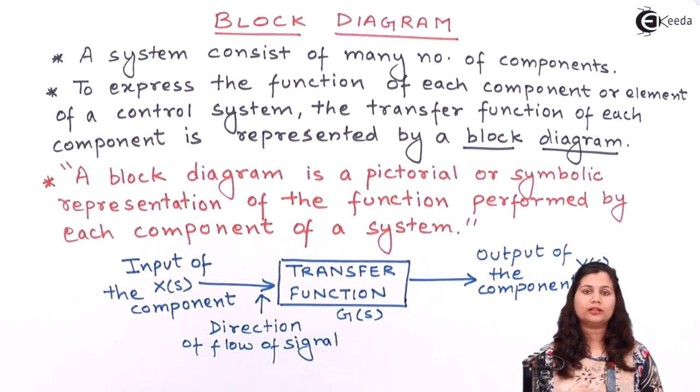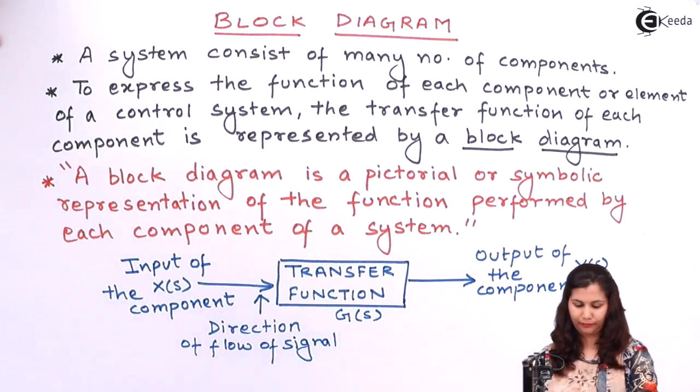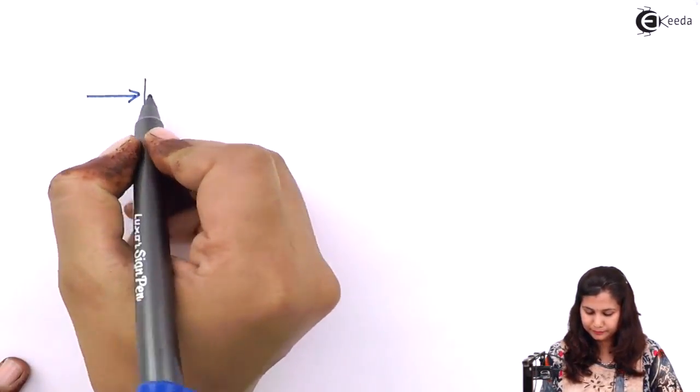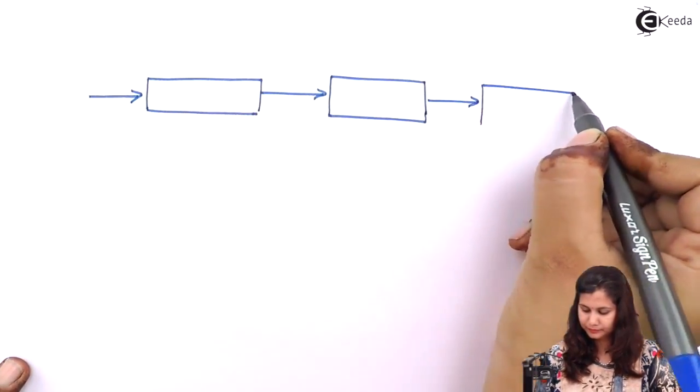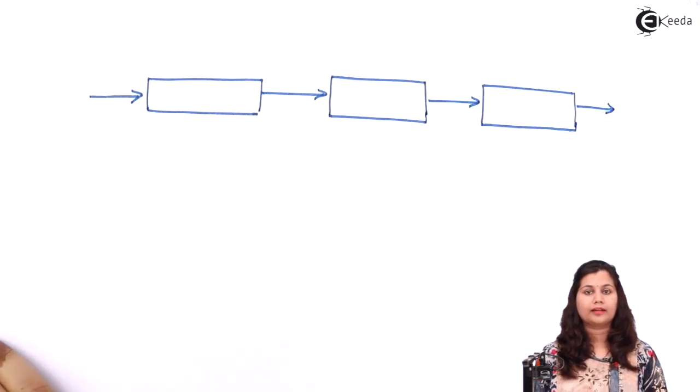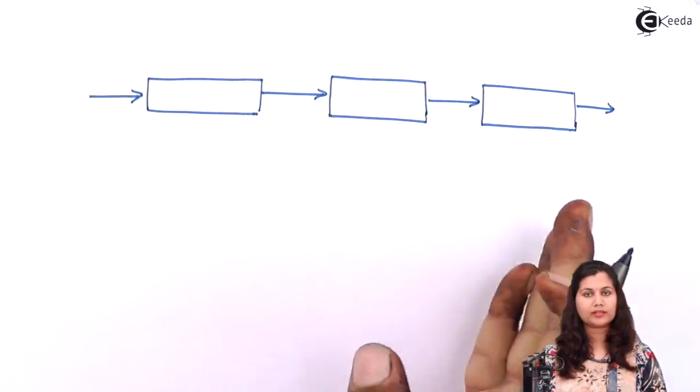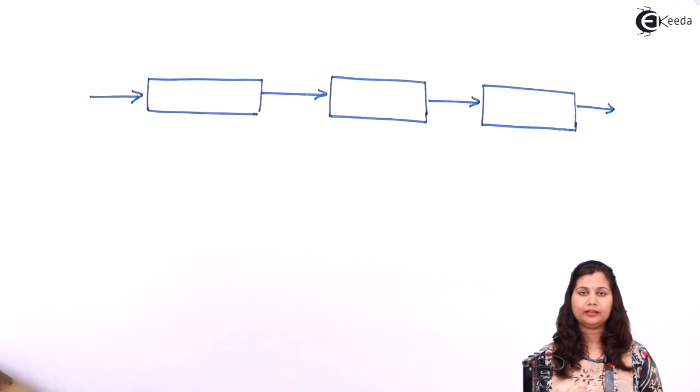So let's draw the block diagram of a system. This system has, suppose, 3 components. So we will draw a block for each component. There are 3 components, so 3 blocks are here, and for each component, the transfer function of that component is mentioned in the corresponding block.